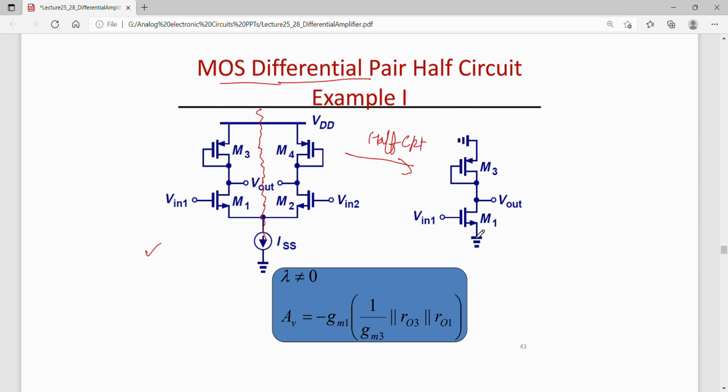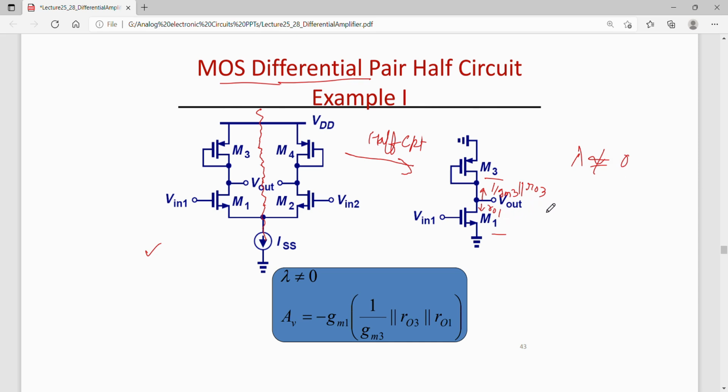This half circuit consists of the M1 transistor and a diode connected PMOS load. For a diode connected PMOS load, we had earlier found in previous lectures that the impedance looking into the drain of this MOSFET is 1 by GM parallel to RO, and the impedance looking into the drain of M1 is RO1, considering lambda not 0.